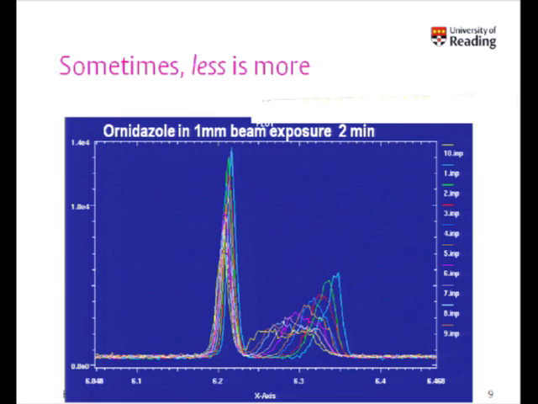Each of the curves here shows you a 2-minute data collection, stepping from this first one to the next. So we collect data for 2 minutes and then collect another 2 minutes and another 2 minutes. You can see some drastic changes in the pattern as a result of radiation damage over a relatively short period of time.